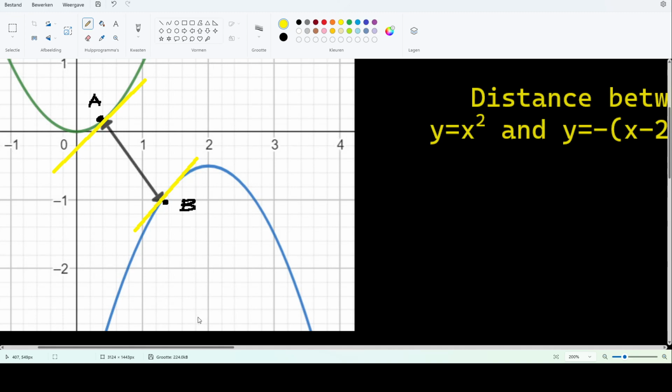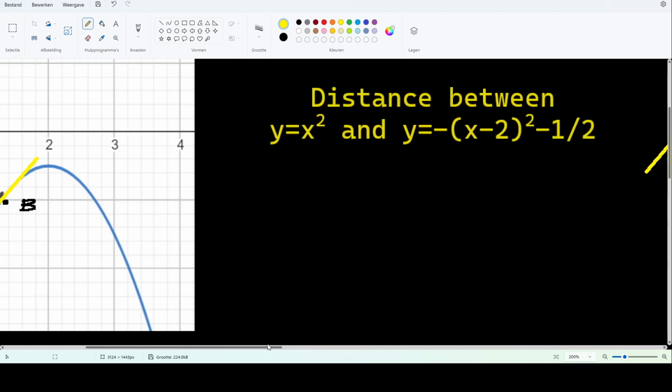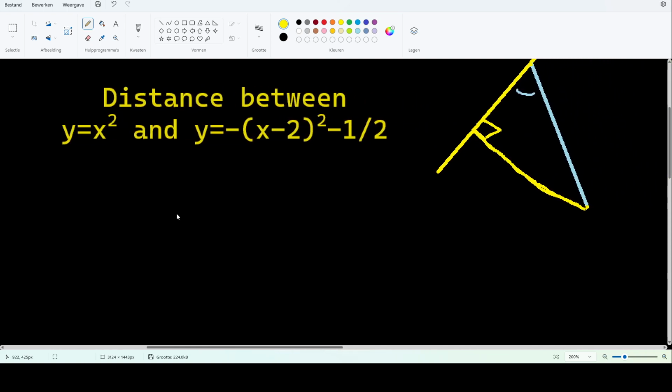So we can actually use this. We now know that if we have the point A, so let's say that A is (a, a squared), because that's what it is. Let's make the line a little less thick.